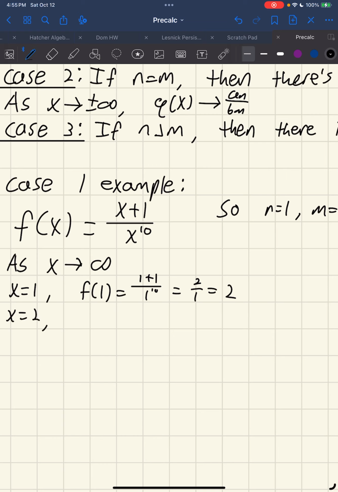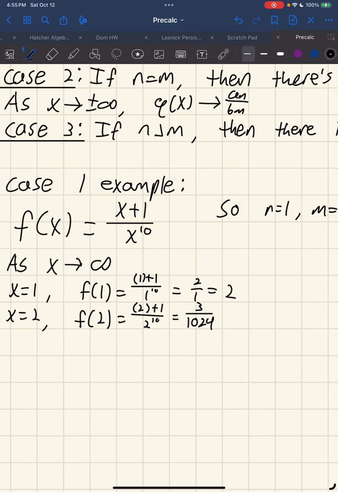If the next example is literally just 2, watch what happens. Then f of 2 will be 2 plus 1 over 2 to the 10th. So that'll be 3 over 1,024. Much smaller than 2.